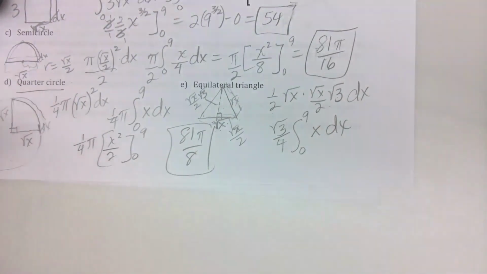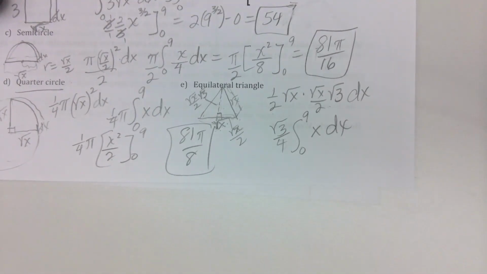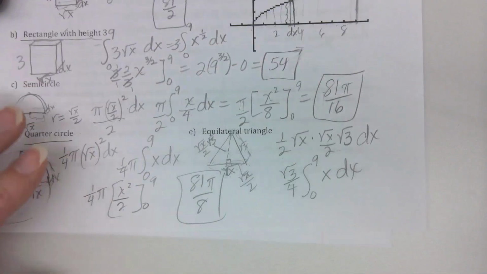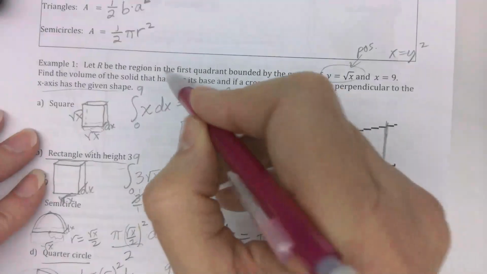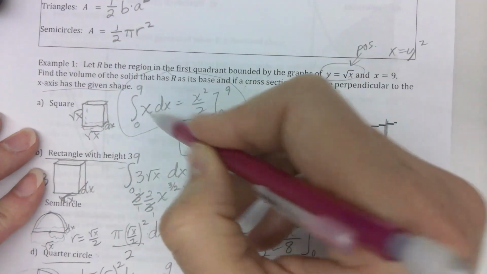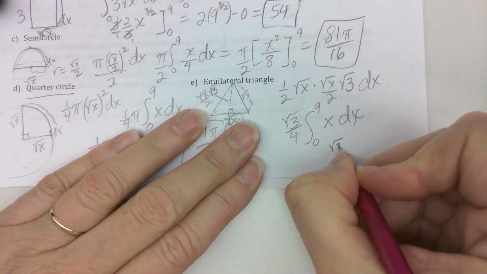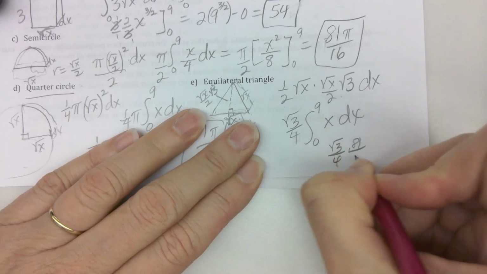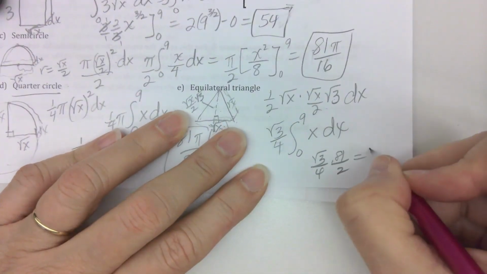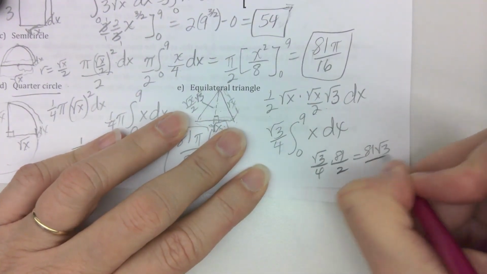Well, look at that. Guys, look at part A. Do we already know what this is? 81 over 2. 81 over 2 times root 3 over 4. 81 root 3 over 8 is what I see.